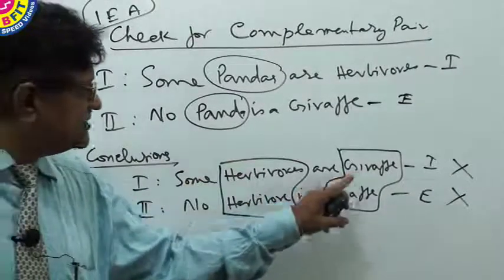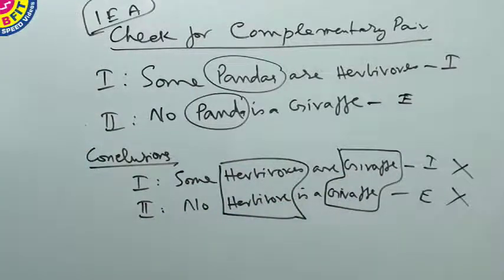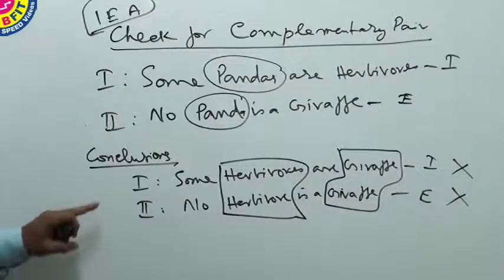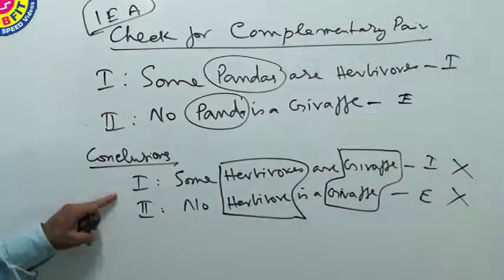The predicate of the first conclusion and the predicate of the second conclusion are the same. Therefore, condition number 2 is satisfied. What is the third condition? The conclusions must belong to AO, IO or IE. Here it is IE. Therefore, the third condition is also satisfied.